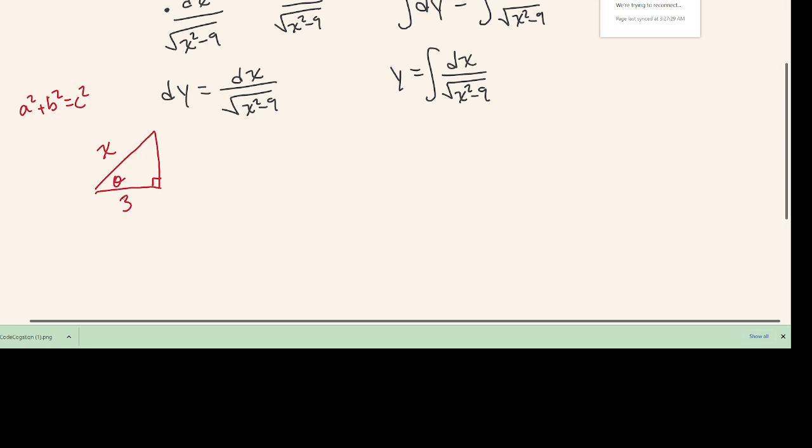In this case, we'll want the bottom side to be 3, and we'll want the opposite side to be the square root of x squared minus 9. Because in this way, secant theta will be equal to x over 3, which is easy to work with, and x will be equal to 3 secant theta.